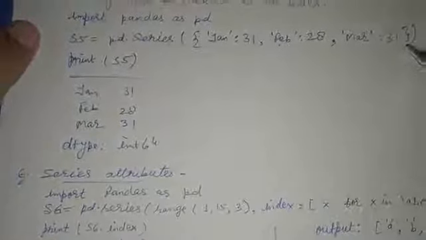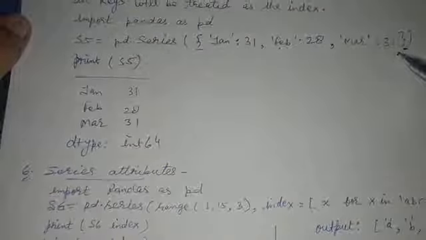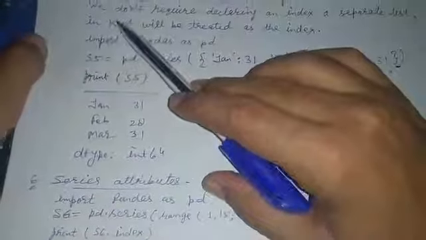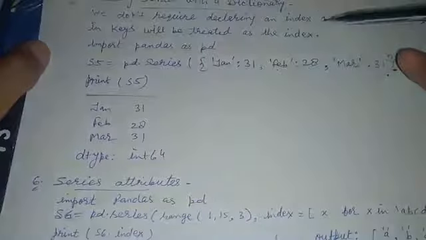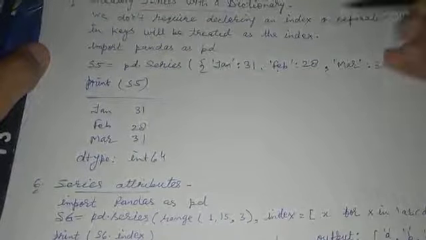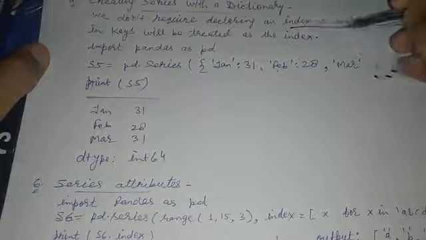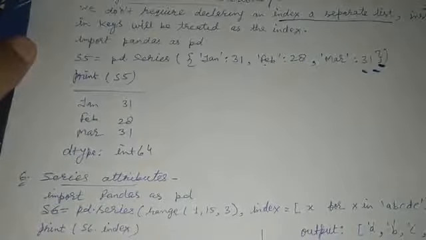One thing you should note while creating a series using a dictionary is that we do not require declaring an index as a separate list, because keys will be treated as the index.